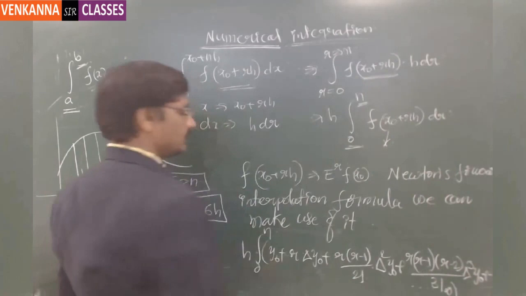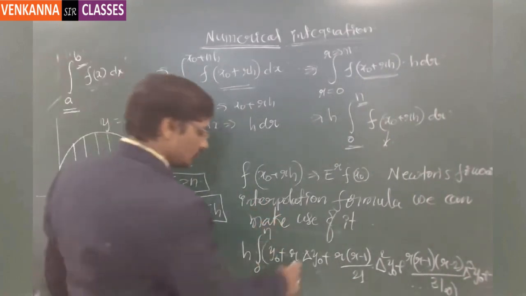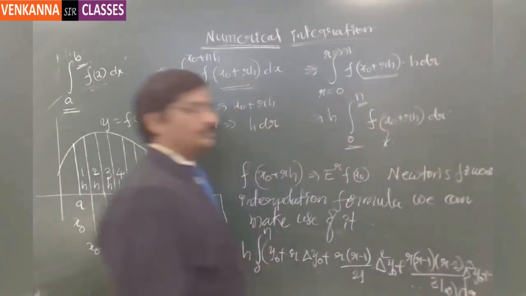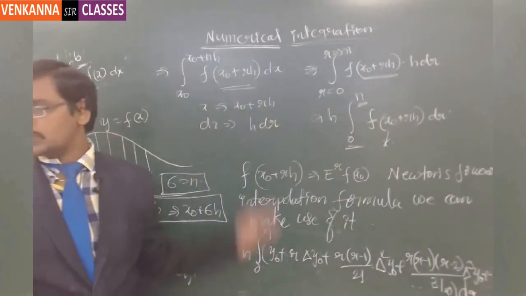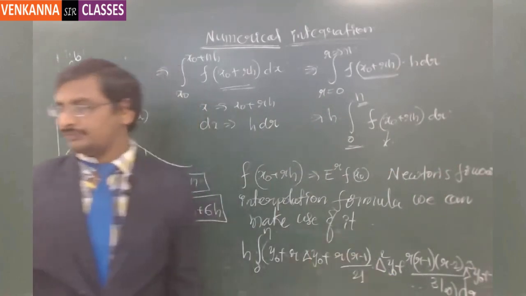So this is as per Newton's forward interpolation formula, and this needs to be integrated with respect to dr. Got it? So first you note down this, and then I am going to erase it and try to do this integration.